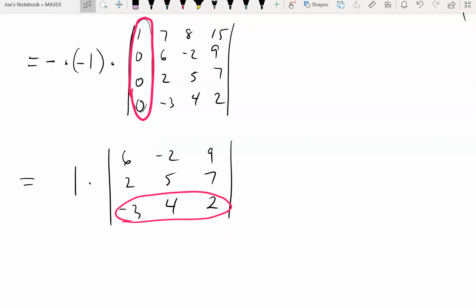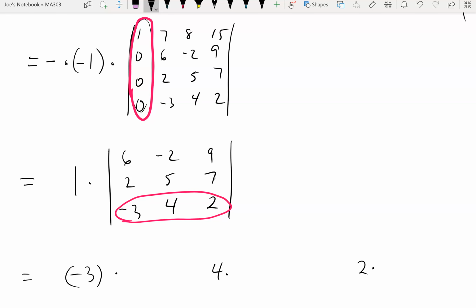Okay. So our coefficients, after we expand along, will be negative 3. It'll be 4 and a 2. Is this negative 3 going to be associated with a plus sign or a minus sign from the sign board? It's a plus, right?